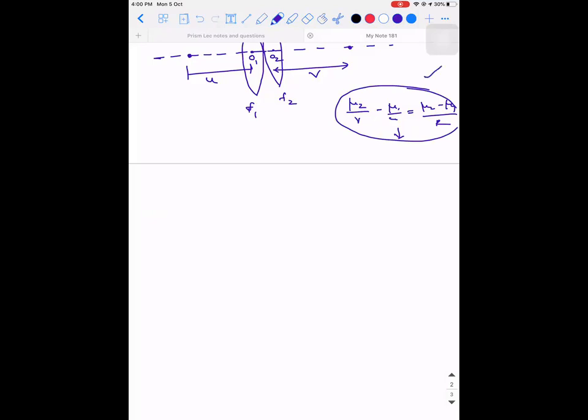So when we derived that, I would have explained a concept saying that if you break it into 2 parts, this will be the first refracting surface, this will be the second refracting spherical surface. So the image formed due to the first refracting spherical surface will behave like what? Object for the second refraction. Yes, it will start behaving like an object for the second refracting spherical surface, right?